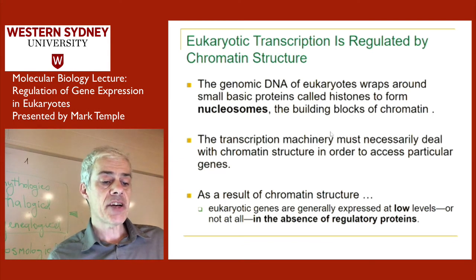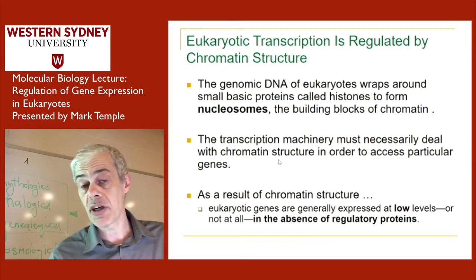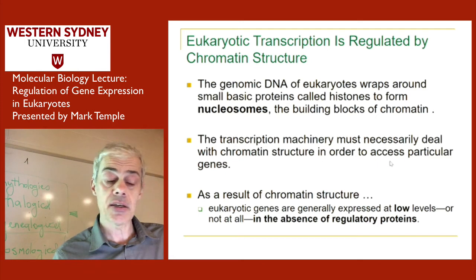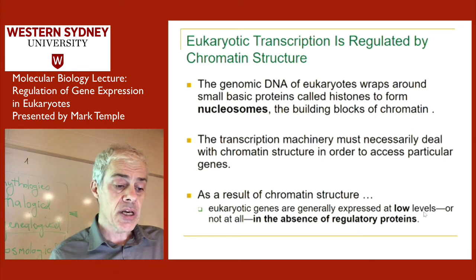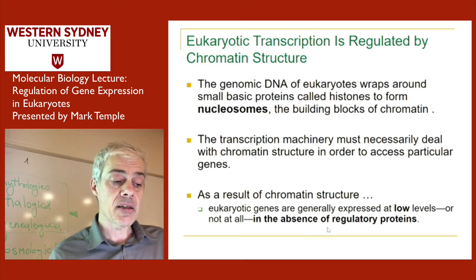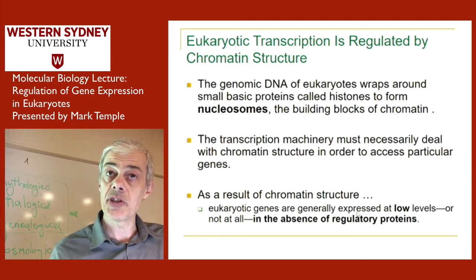So the transcription machinery needs to deal with chromatin structure before it can access and turn on a gene for gene expression. As a result of chromatin structure, eukaryotic genes are generally expressed at low levels in the absence of proteins that can unravel the chromatin and allow transcription to occur.